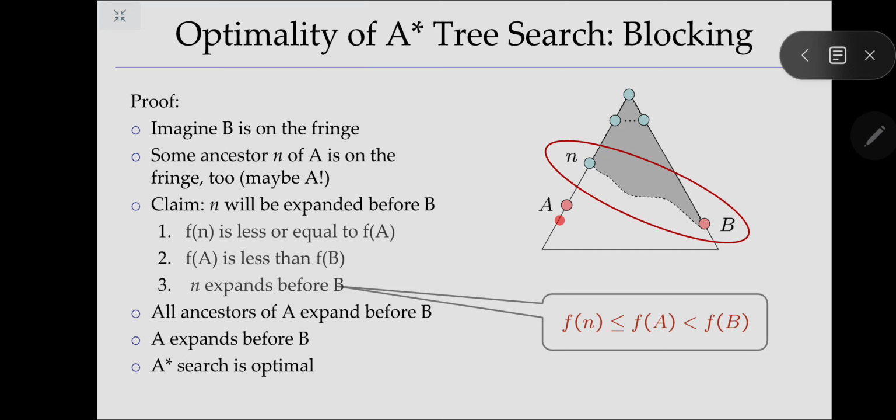When you improve the quality of the heuristic, A star can find the solution in less time. As much as the quality of the heuristic improves, A star can find the solution sooner.